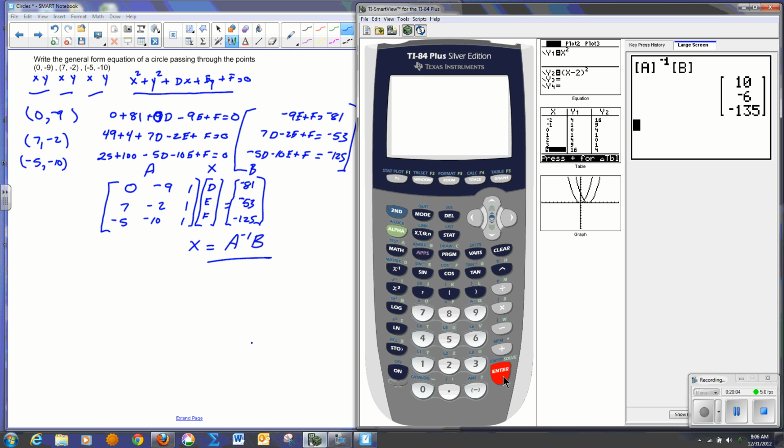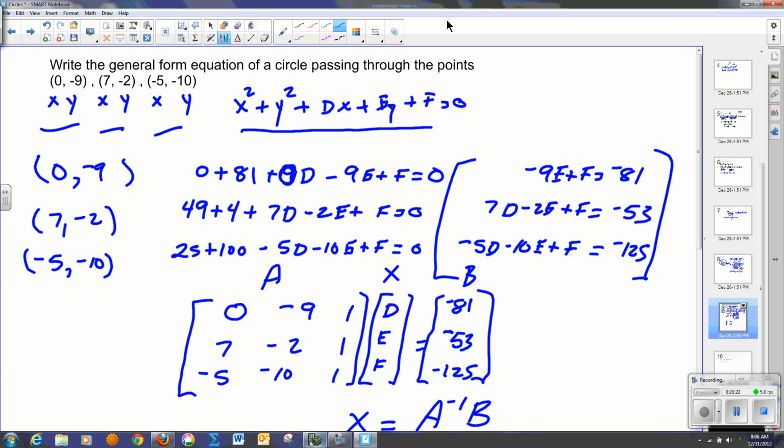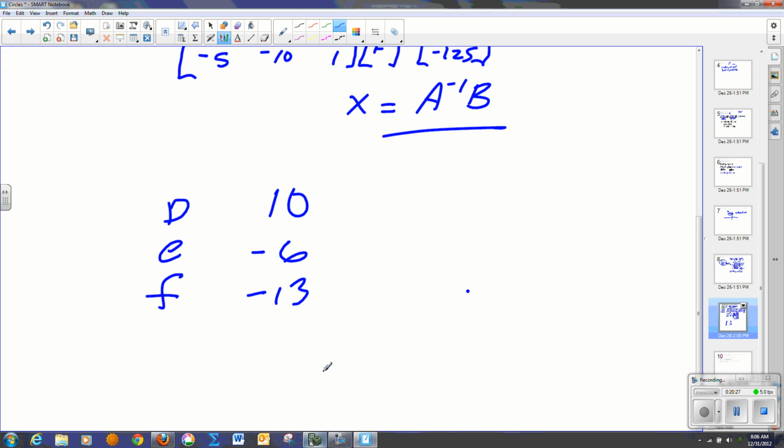Hitting enter, I end up with 10, -6, and -135 as my D, E, and F values. So now that I know that, I can go back and write my general equation.